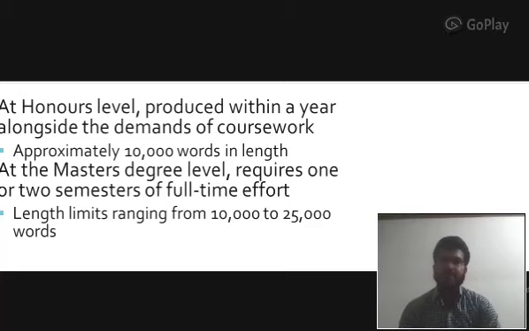They have already done it at the honors level, where they must have learned basic research skills, and now they are better in a position to write a longer research work, and certainly a more mature one. That is why we have this big leap in word length from 10,000 words at honors level to 25,000 words at the master's degree level.